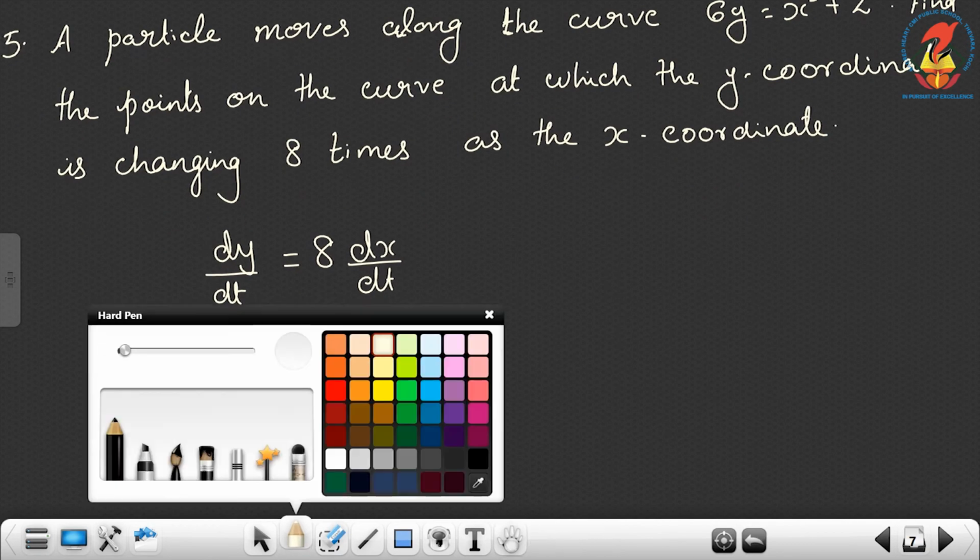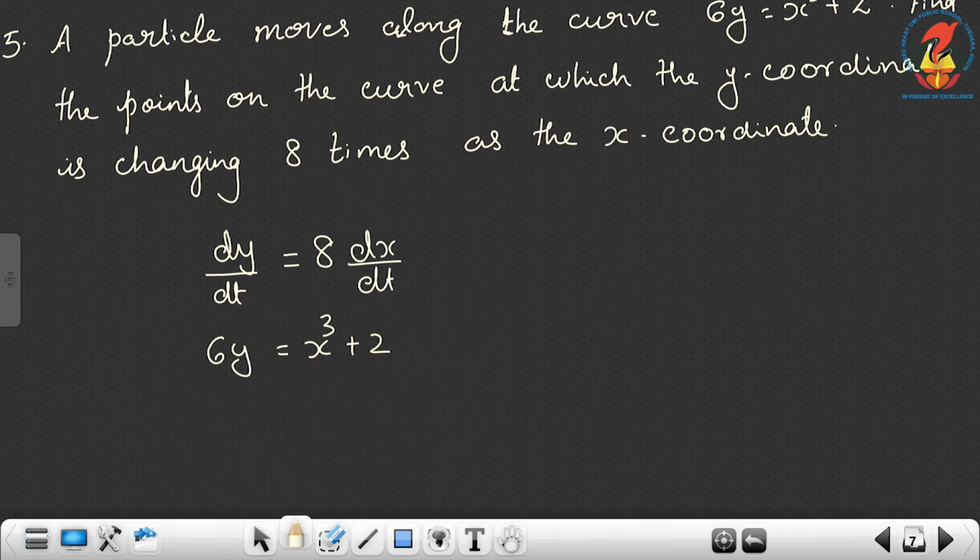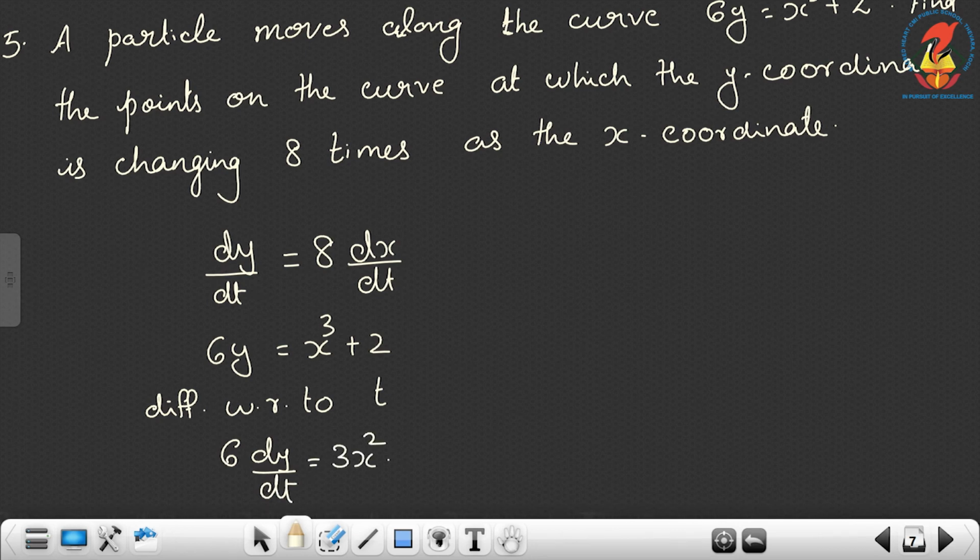Now we have to apply this one here. So for that we have to take the derivative. Differentiate this equation with respect to t. So 6 dy by dt is equal to x cube is 3x square into with respect to time.